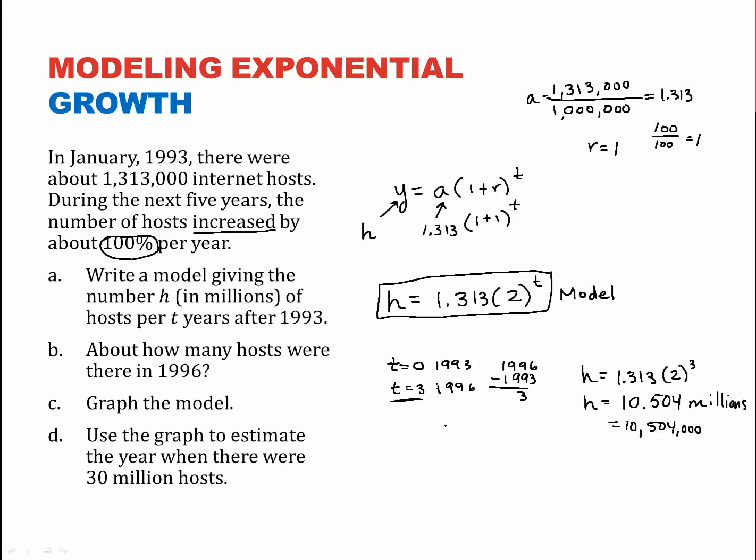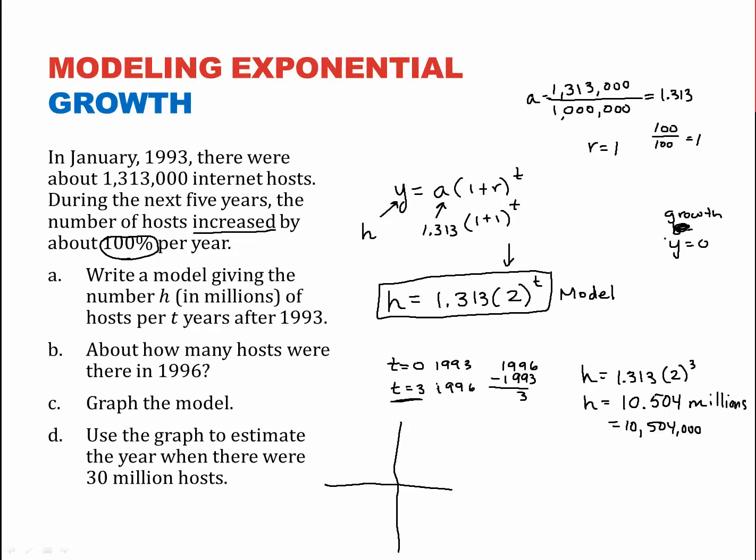Graph the model. Okie dokie. In graphing the model, I'm trying to find out where I'm going to fit this. There is no k, so y equals 0. B equals 2, right? And that means that it's greater than 1, so it's going to be growth.